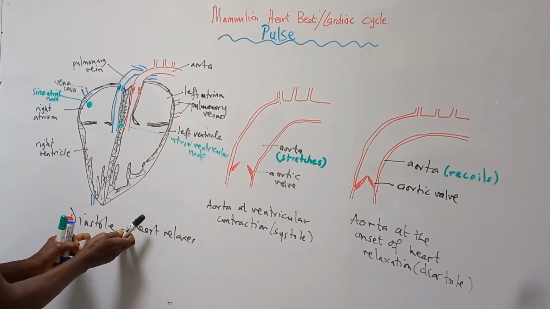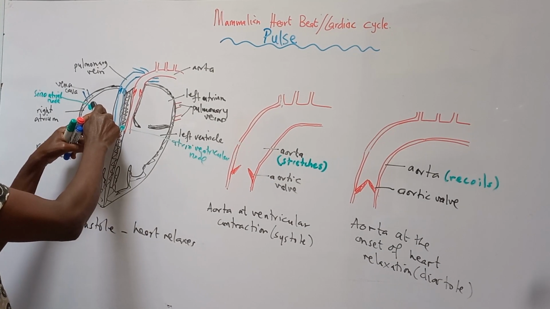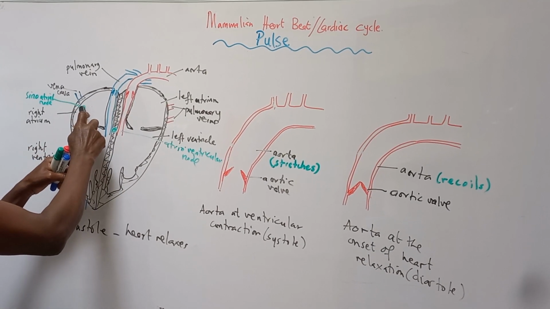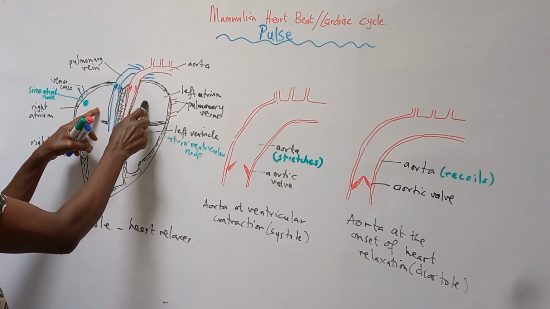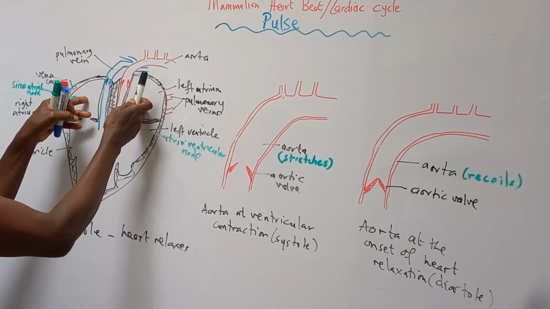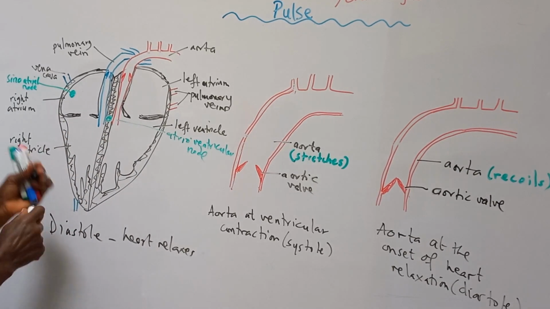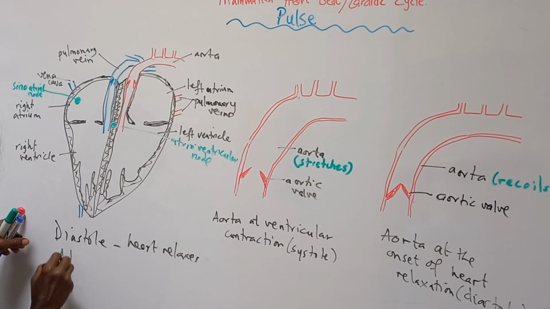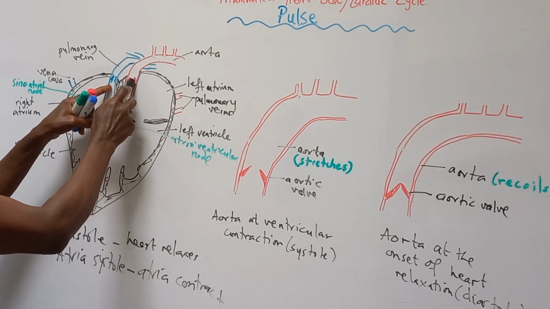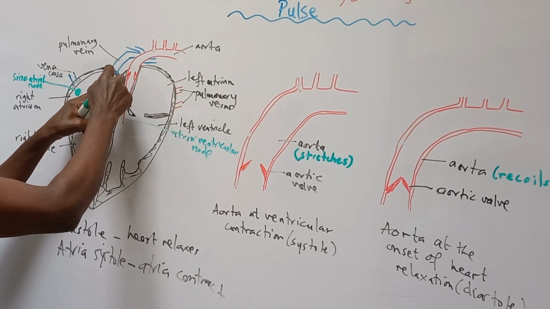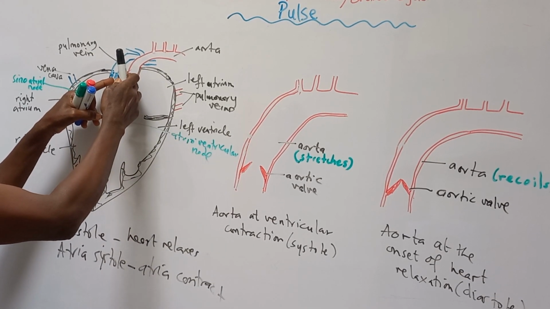That is diastole. Then electrical waves from the sinoatrial node flow through the atria, causing the atria to contract, and that is atrial systole. Remember, as the atria contract, the aortic valve and the pulmonary valve are closed.